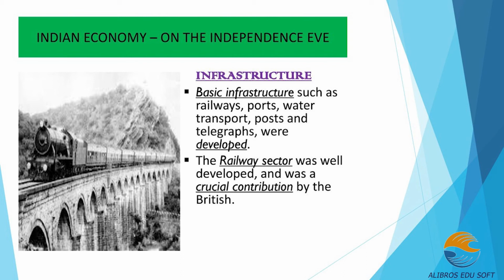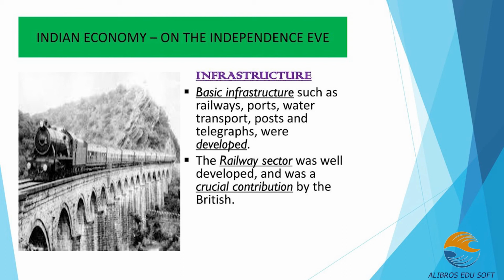Before moving on to the developments made by the British in India, about the basic infrastructure and the railway structure and other contributions, we need to know what infrastructure is.